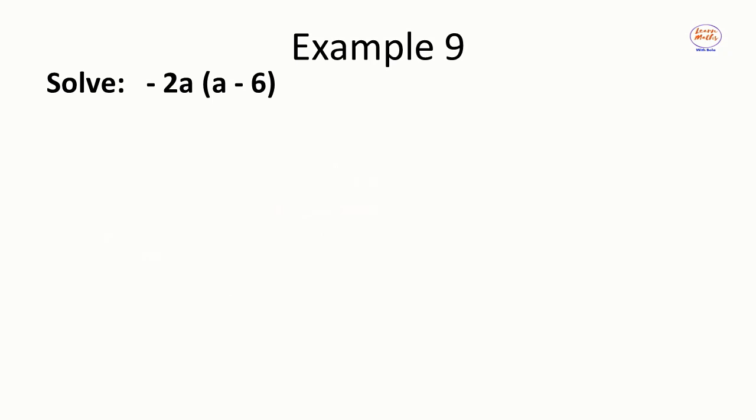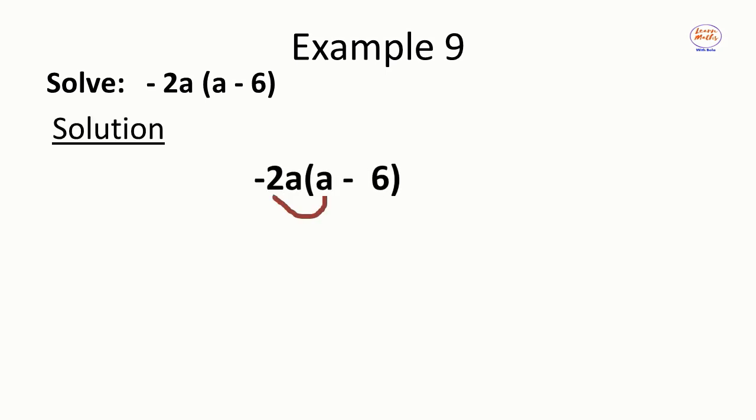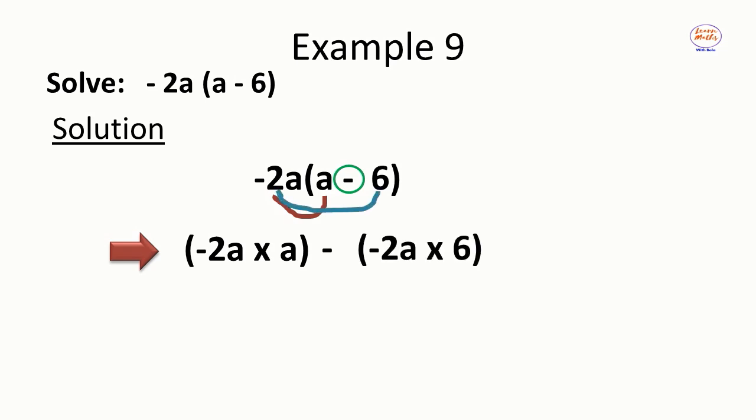We have solve minus 2a into brackets a minus 6. So let's do this. We have minus 2a times a. Then remember the minus sign comes in between. Then we have minus 2a times 6.